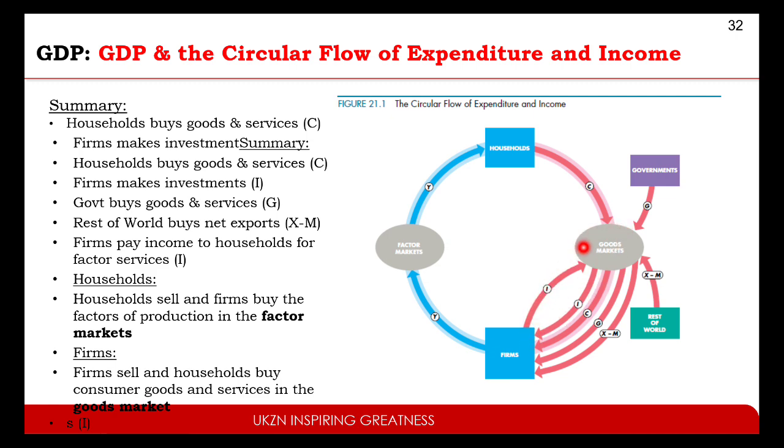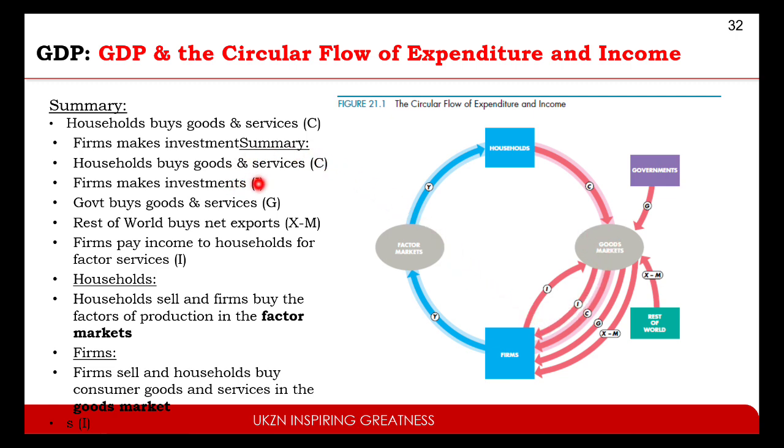Or when they invest in the households, they sometimes provide entrepreneurship and skills programs, learnerships and whatnot. That's investment. That is why it goes from here to there. But it also goes from the goods market to these firms, because at the end of the day, that investment comes from the households.